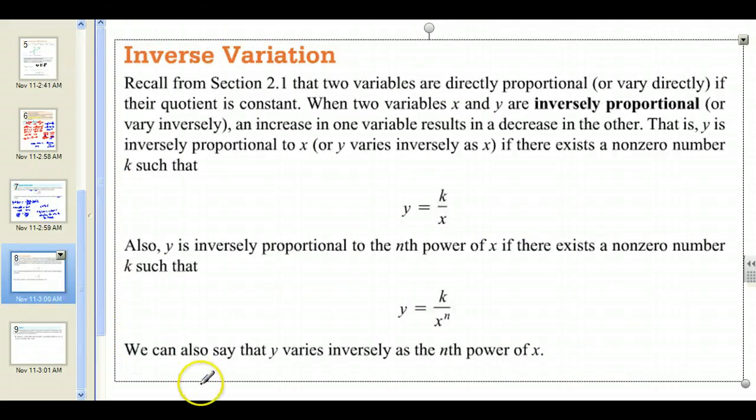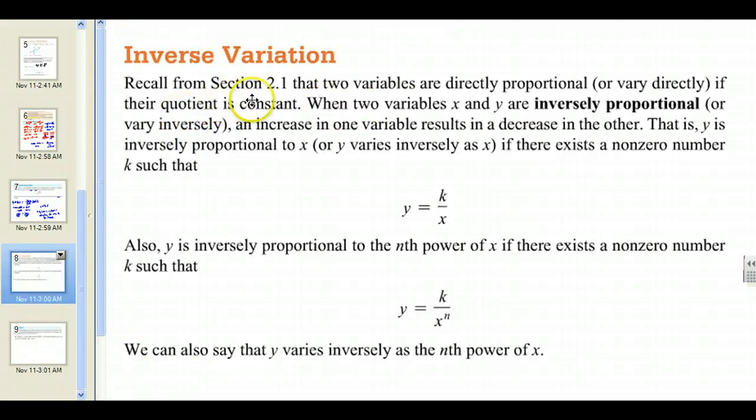Alright, inverse variation. So back in chapter 2 we talked about direct variation. Direct variation meant as one got bigger, the other one got bigger. As one got smaller, the other got smaller. But inverse variation means when one gets bigger, the other one gets smaller, or vice versa.